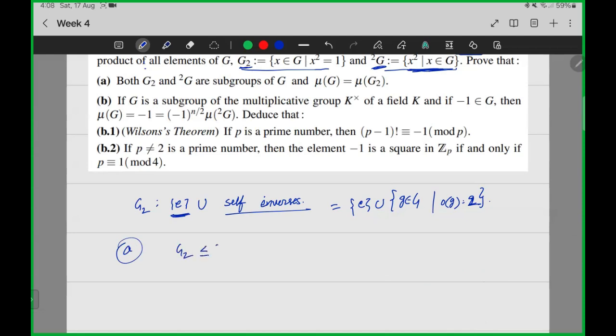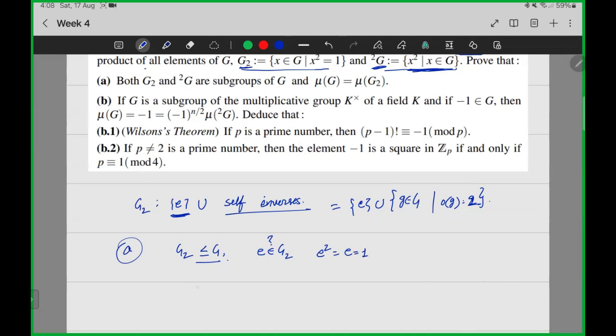What we need to check, first of all, is that e belongs to G2, because e squared is just e, which is 1 here. So e belongs to G2, correct.